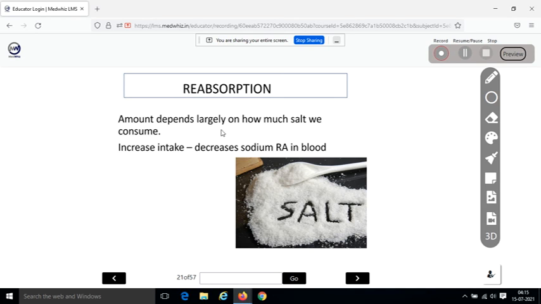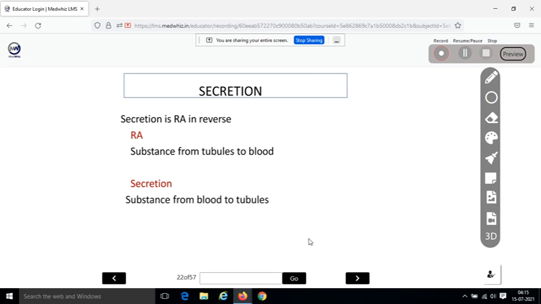The amount of sodium reabsorption depends largely on how much salt we consume. So increased intake decreases sodium reabsorption into blood.